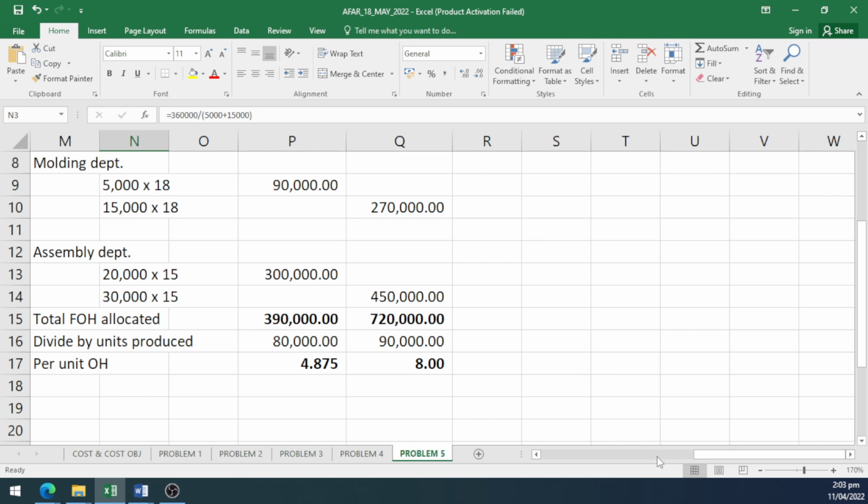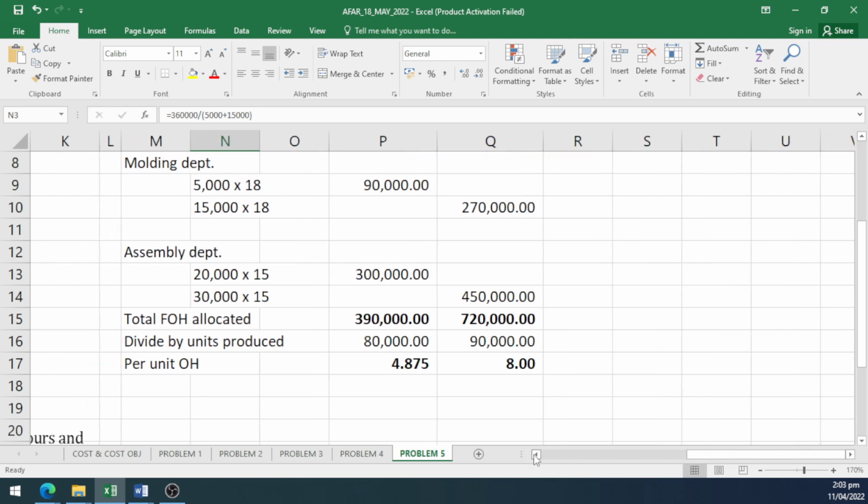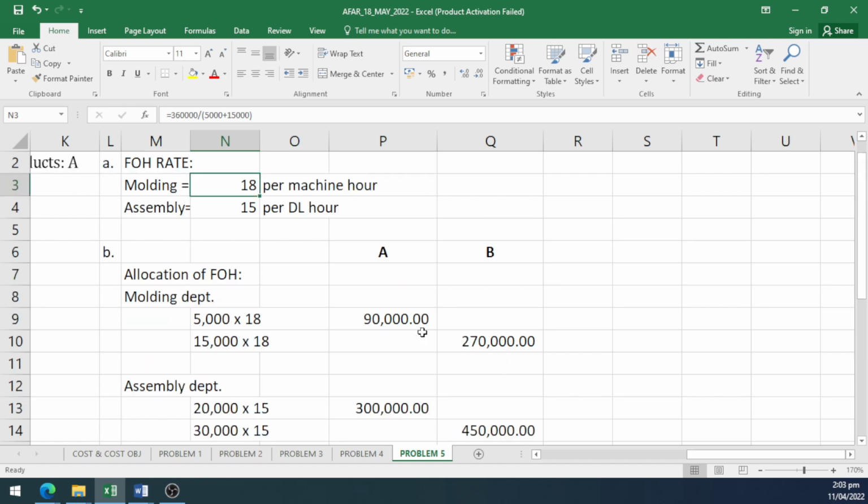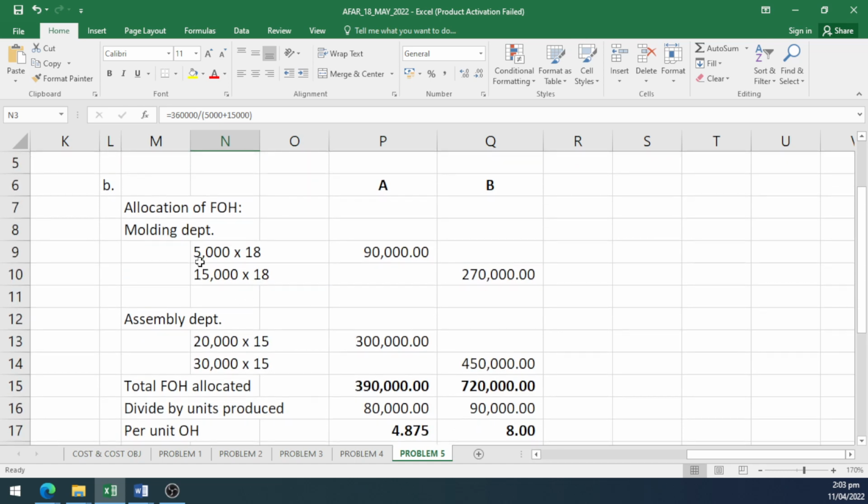So overhead rate sa molding 18 times the machine hours, 5,000 times 18, 15,000 times 18. Then for assembly, 20,000 times 15, 30,000 times 15.